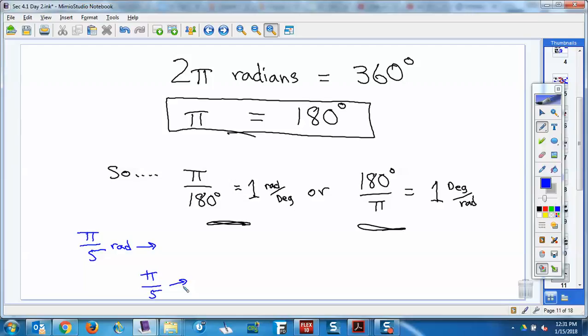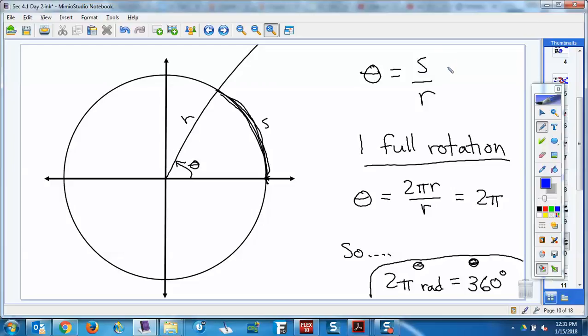To be honest, radians is really a unitless measure. Because if you think about it, the formula is, this arc length could be measured in inches, and so would the radius. So inches divided by inches, they're going to cancel. So really, radians is a unitless measure. It's about the rotation.